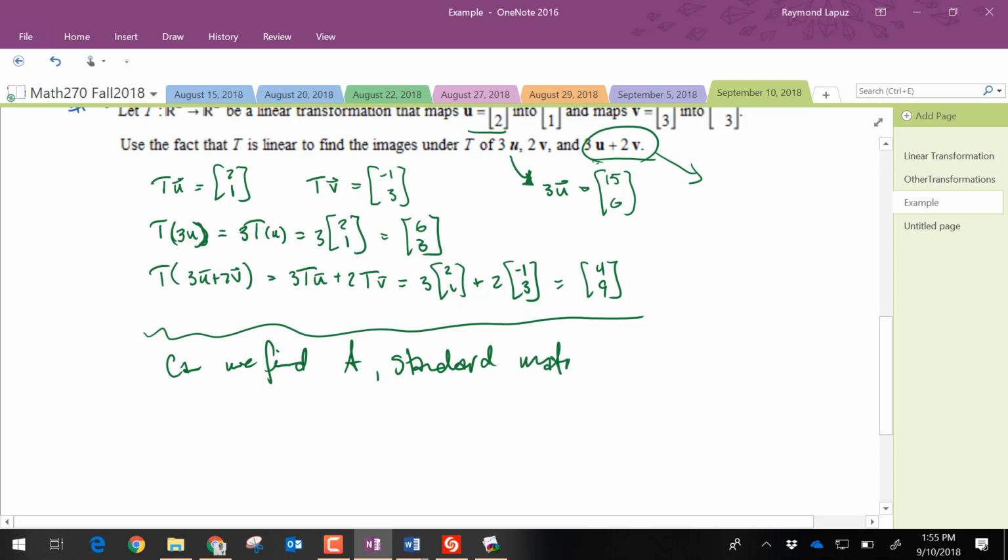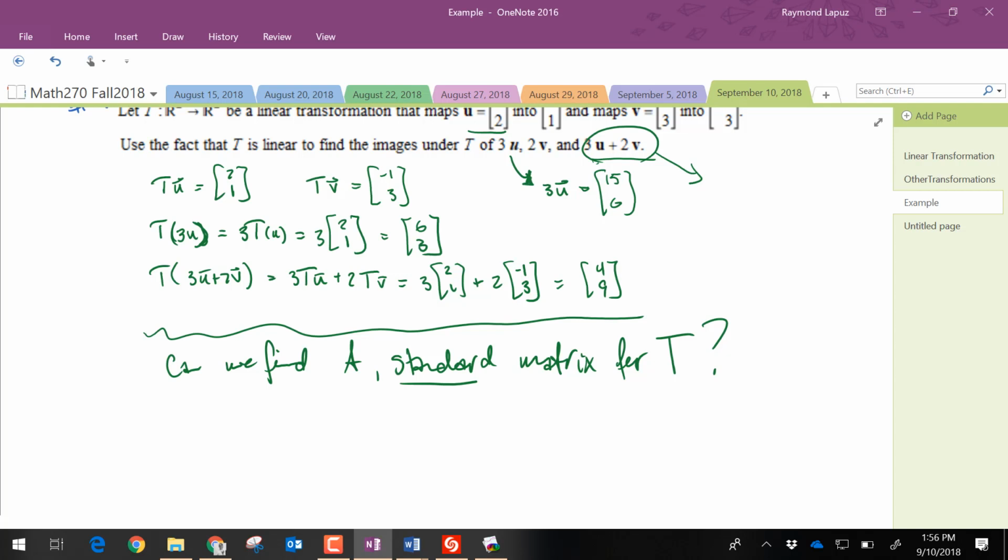Standard matrix. The word standard here refers to the idea that it relies on what happens to (1, 0) and (0, 1). If you think the answer is just putting (2, 1) and (-1, 3) into a matrix together, that's going to be incorrect, because if we try putting in some of these values that we already know, you'll see that you're not going to get the correct answer.